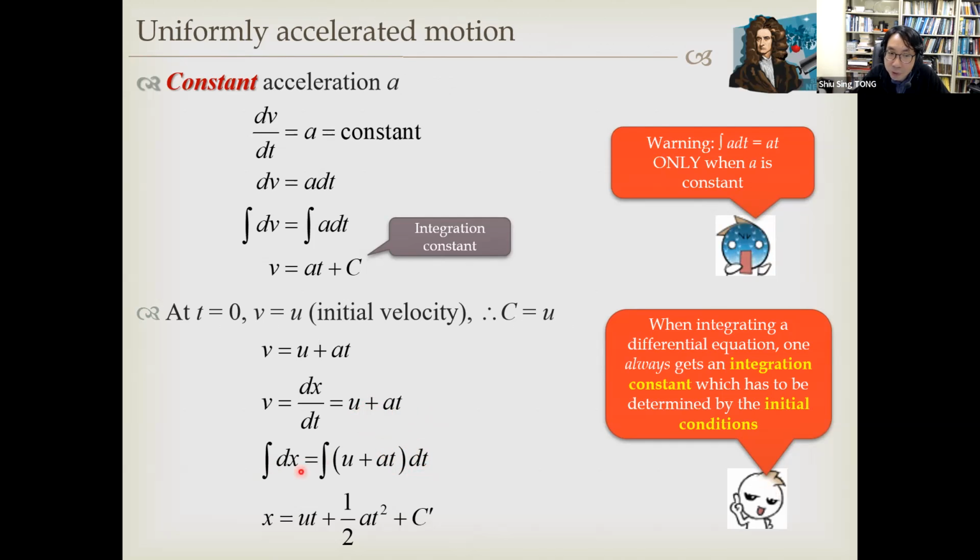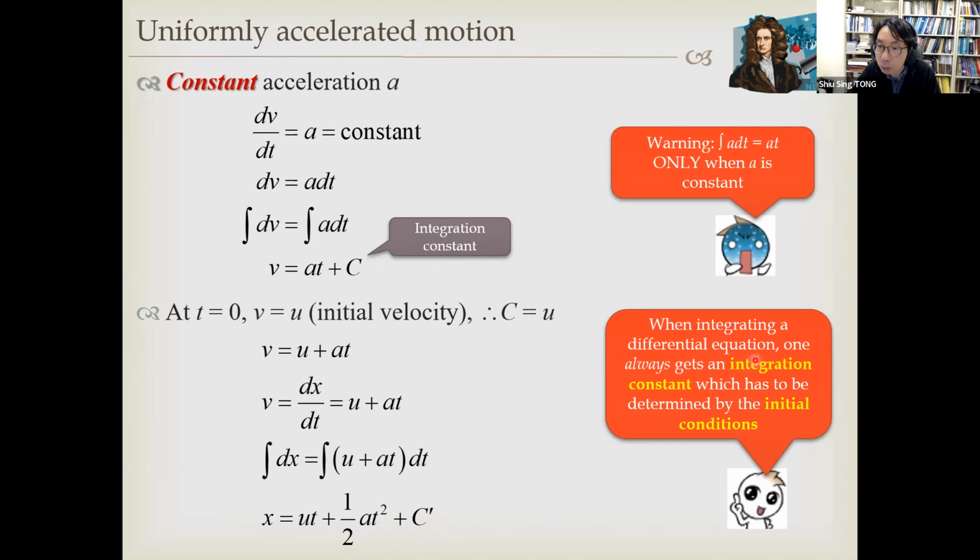So if I integrate both sides, the left-hand side gives me x, the right-hand side gives me ut. Integrating t will give t squared over 2. That means I get half at squared. And don't forget, when I do an indefinite integral, I always have to remember the integration constant. I call this another integration constant c prime.